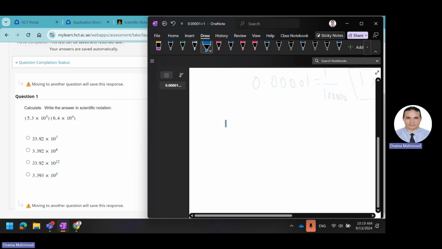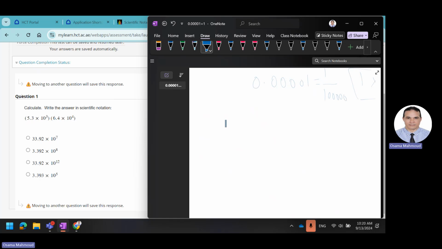So how can you solve this one? By the calculator. I'm not going to go into details, right? But the first one is not acceptable because you have 33, which is bigger than 10. And the third one also is not acceptable because you also have 33.